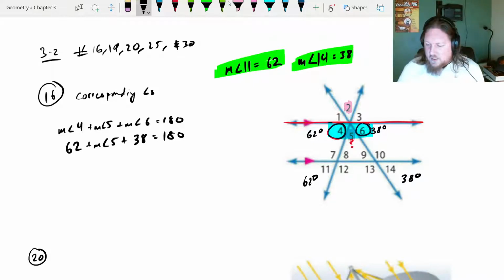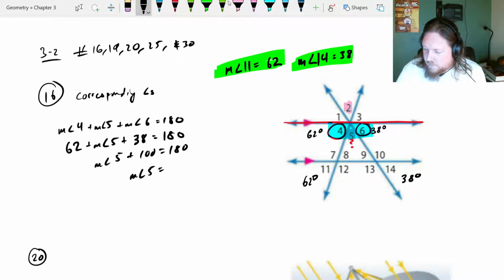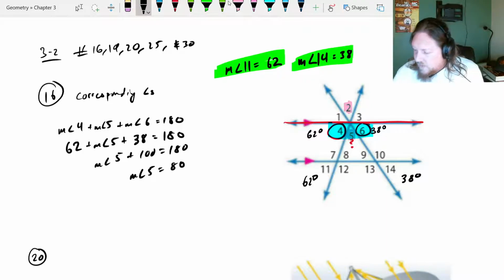So add 38 and 62 together, that's measure of angle 5 plus 100 equals 180. Ooh, subtract 100 from both sides. Measure of angle 5 equals 80. Well, measure of angle 5 right here, that equals 80 degrees. How did I find all of that stuff right there?